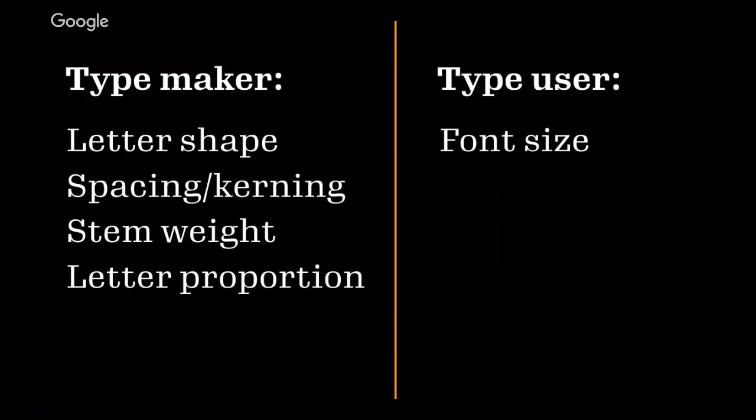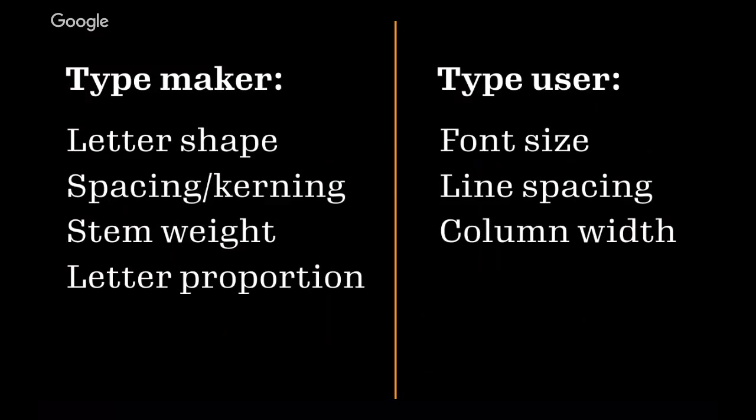The font user, on the other hand, is saying, okay, here's what size it's going to be at. Here's the line spacing. Here's the column width, to the extent that we can define that. And here are the margins, right? So there's a division of labor, but together we're putting typography together. Too many times I said together. Together we make typography. All right.